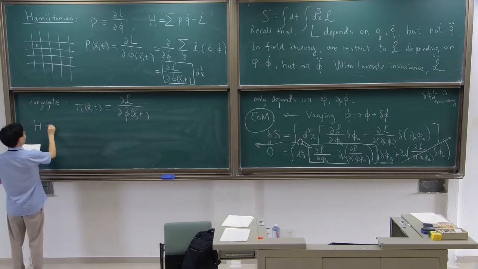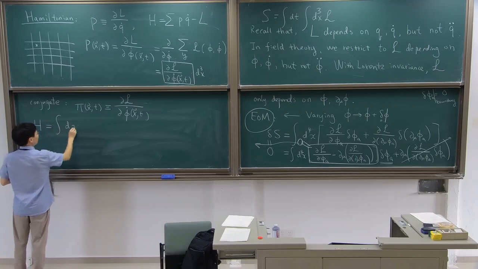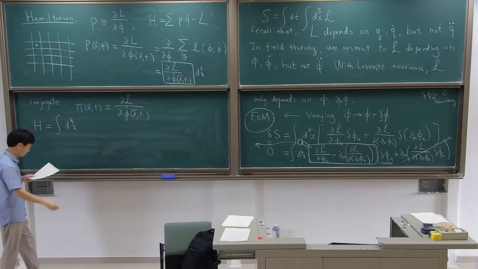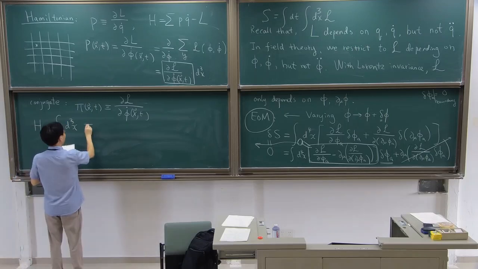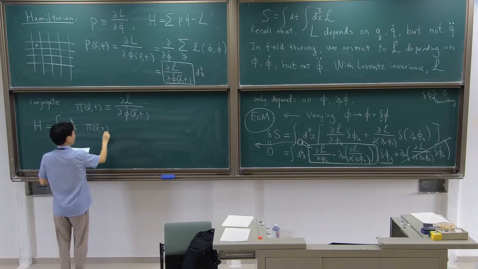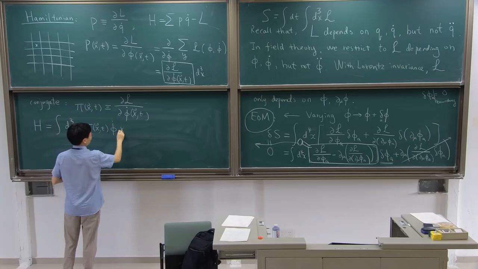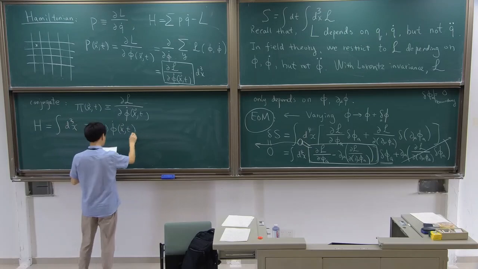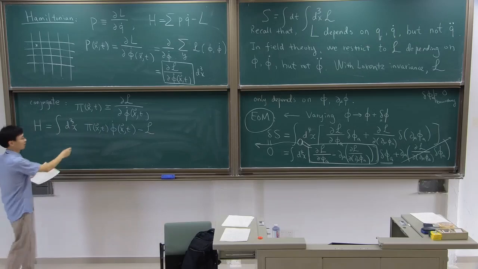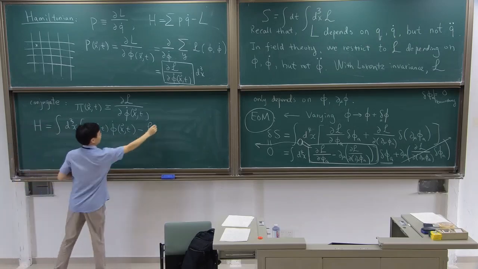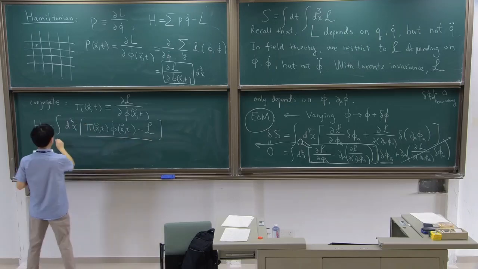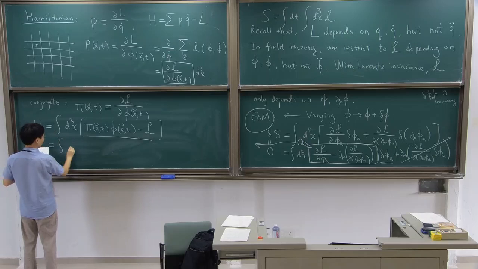So H is the three-dimensional space integral of pi times phi dot minus L. And this part we sometimes call the Hamiltonian density, or simply the Hamiltonian.